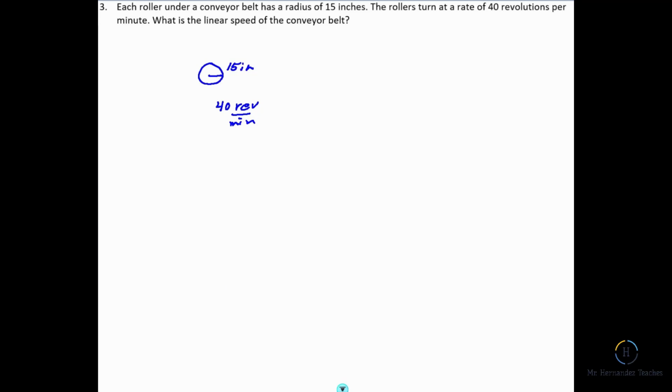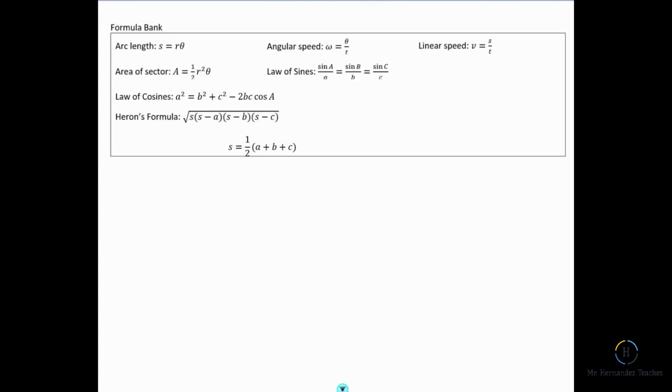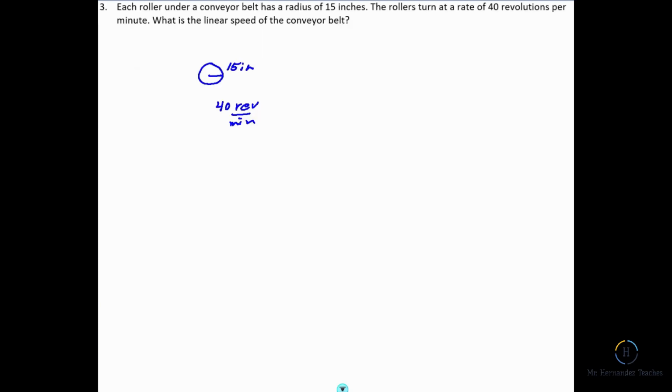So going back to the formula bank, here it is. We're going to use this one. Linear speed is equal to, or V is equal to S over T, and S is R times theta, that radius times that angle. So V is equal to R, which is our 15 inches, times theta.